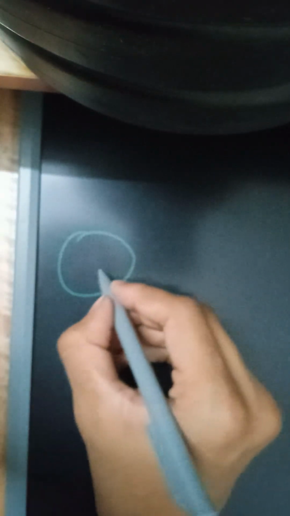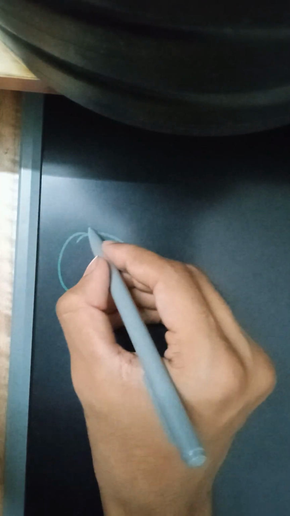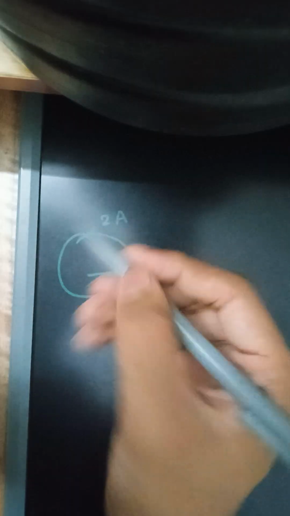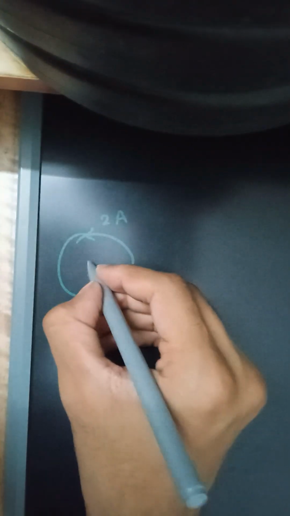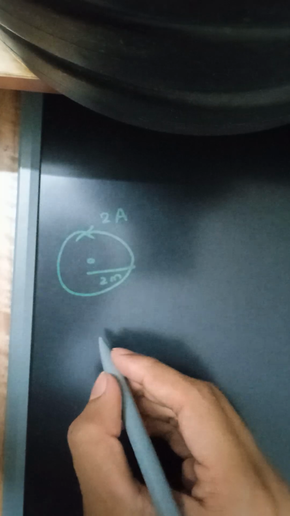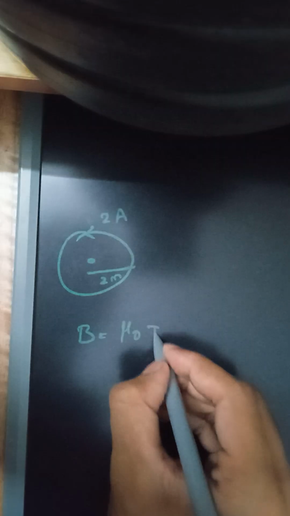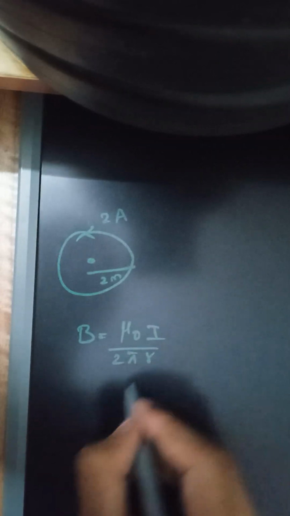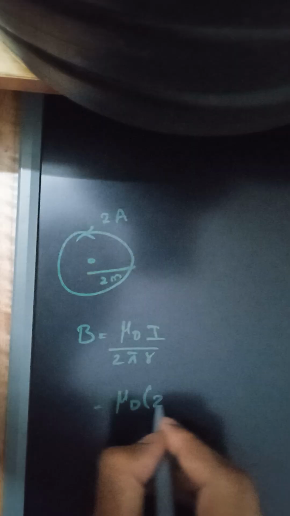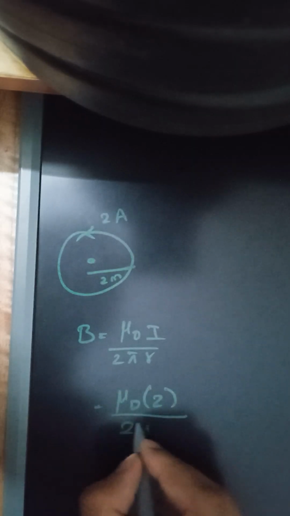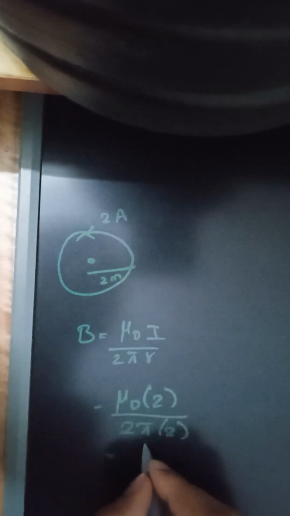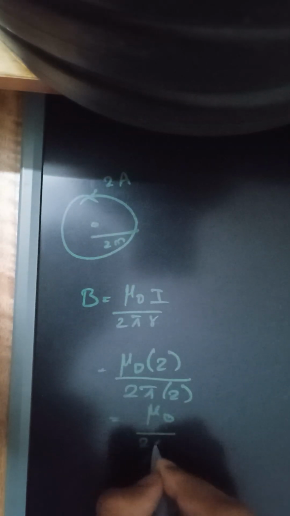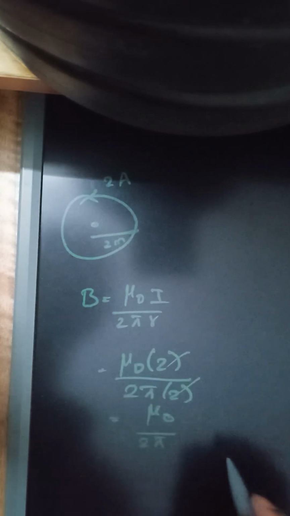The questions will be like this: there is a current carrying wire of radius 2 meter and the current flowing here is 2 amps. Find the magnetic field at the center of the wire. So we'll be using the formula B equal to mu naught I by 2 pi r, that is mu naught into 2 by 2 pi into 2, we will be getting mu naught by 2 pi, so that 2 is getting cancelled.